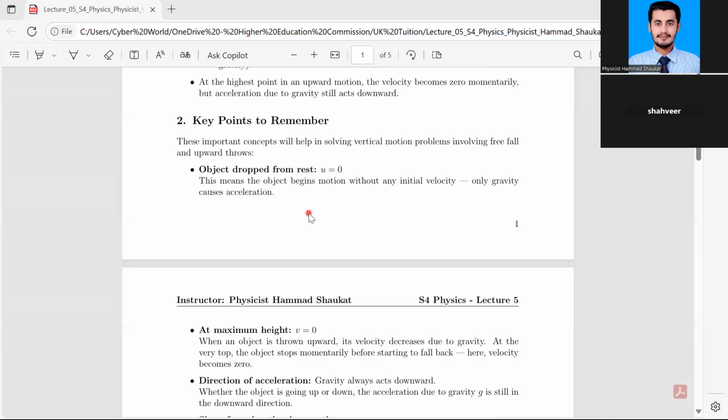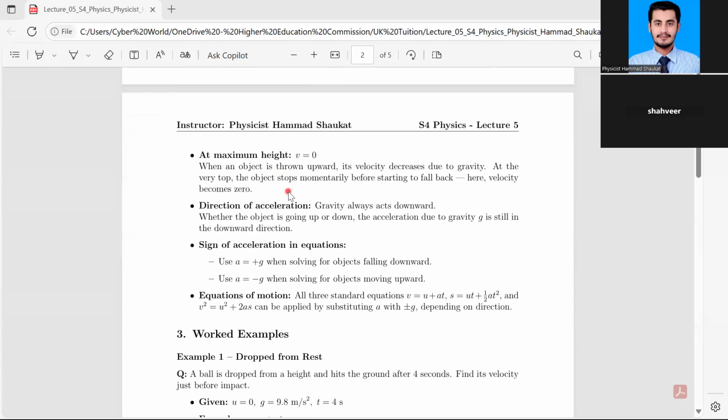Whenever you open your fingers, your ball will move downward under the action of gravity. You haven't given the ball any initial velocity, but the ball moves under the action of gravity. So whenever your object is at rest, its initial velocity would be zero.